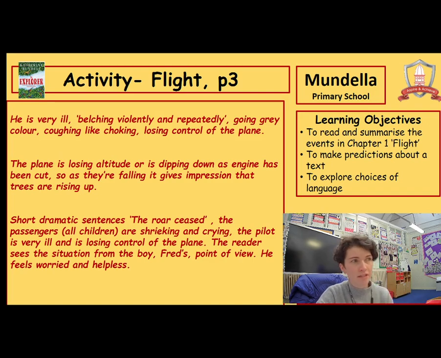Another way that the writer builds the sense of tension is that we, as a reader, see the situation from Fred, who is a boy as opposed to an adult. We're seeing the situation from Fred's point of view, and he is feeling very worried, very helpless. He doesn't know what to do. So those are ways in which the writer builds the tension and sense of worry.